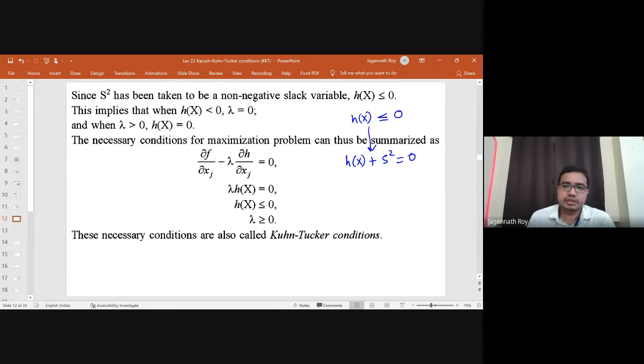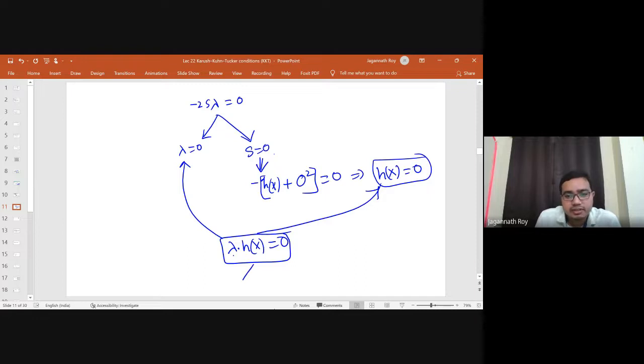So this is the modification we have done there. This is a very crucial step, because if you understand this step, then the next generalization will be easy to follow. So far we have either lambda 0 or hx 0.